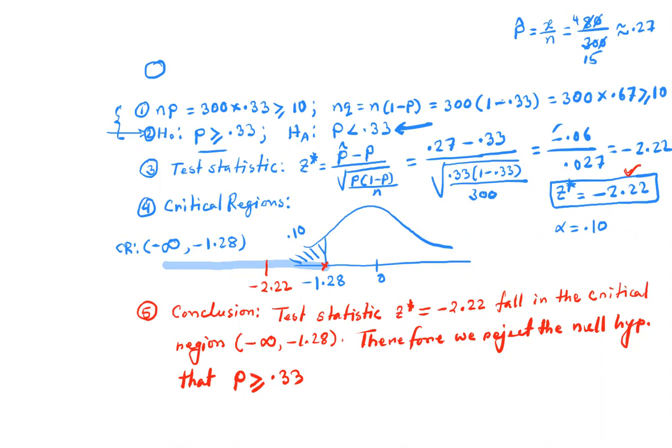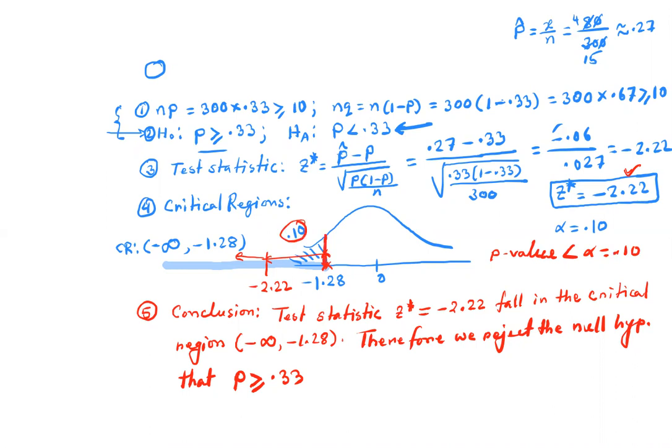Now we can do the p-value. As you can see, the p-value would be the area to the left of this. Now alpha is the area from here all the way to infinity. Of course, the p-value we don't know. You need software to do the calculation. The p-value is less than alpha, which is 0.10, right? Look, 0.10 is all the area to the left of this vertical line.